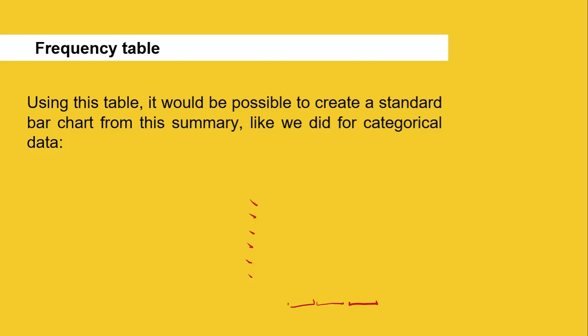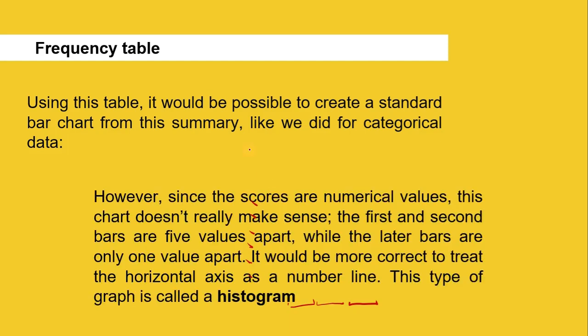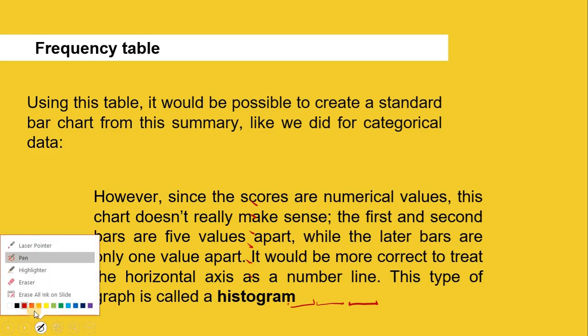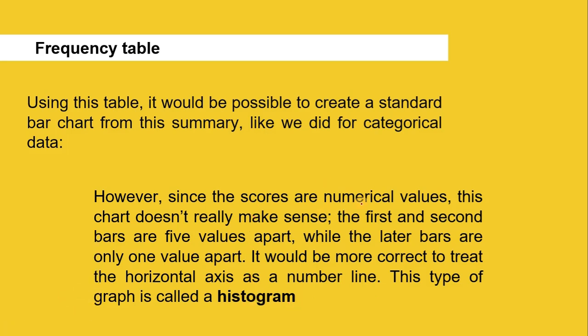So since the scores are numerical values, the chart doesn't really make sense. The first and second bars are 5 values apart, while the latter bars are only 1 value apart. It would be more correct to treat the horizontal axis as a number line.